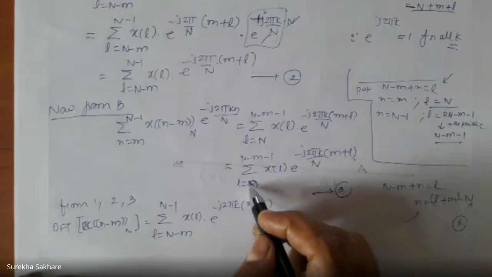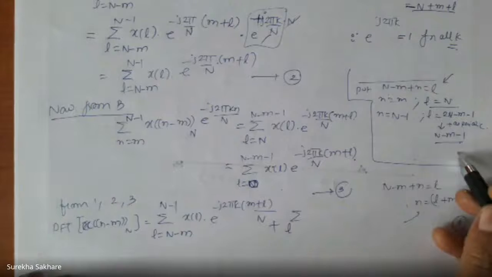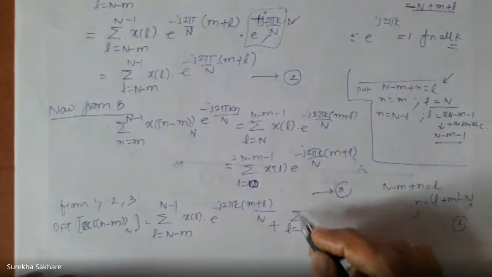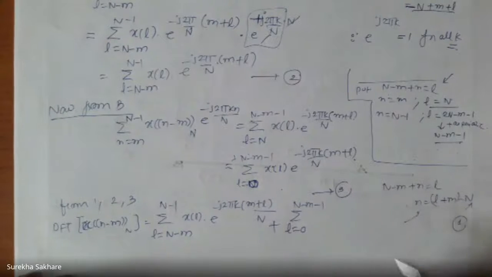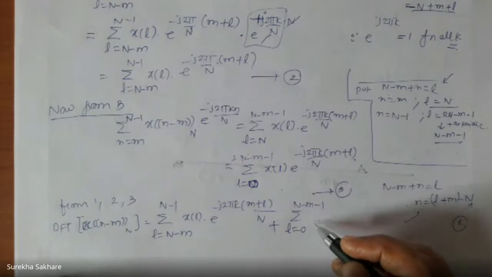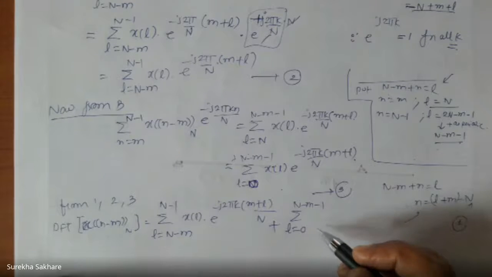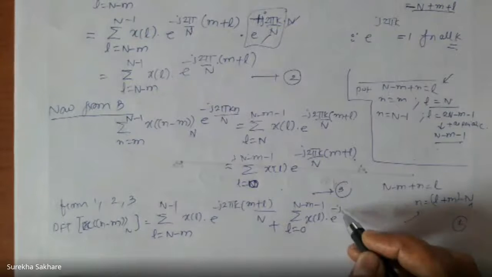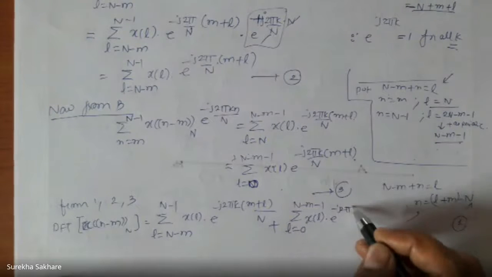So cancelling 1 makes it 0. This becomes x of L e raised to minus j 2 pi k (m plus L) by N.